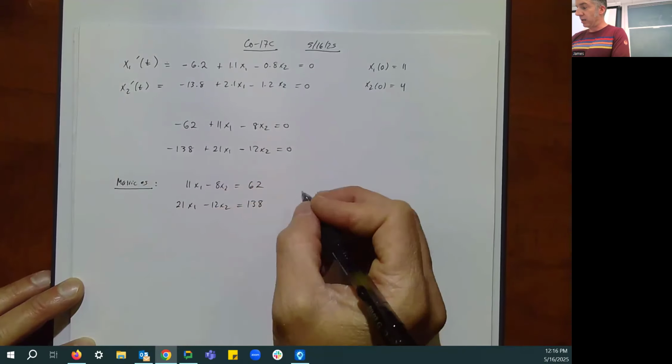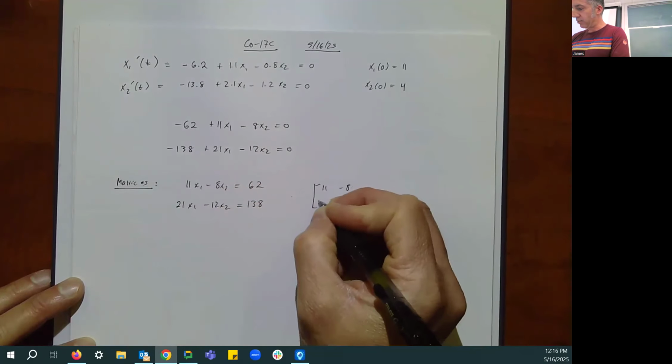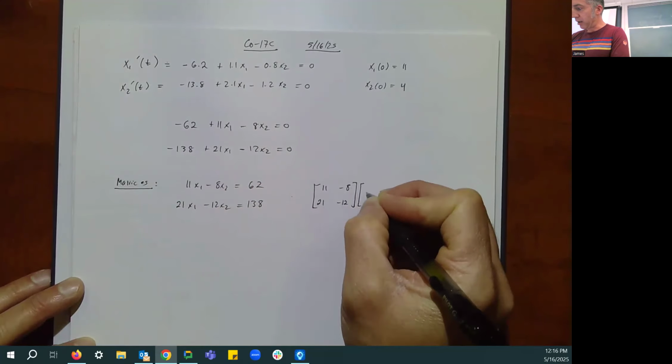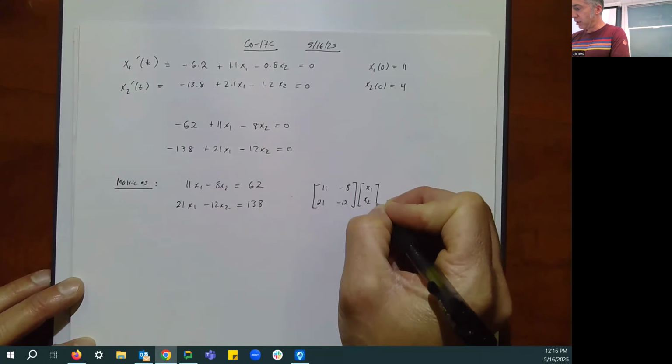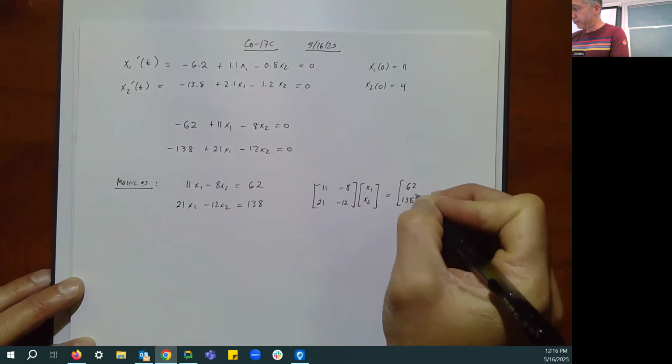Then we can rewrite this as a matrix equation: the matrix with rows 11, negative 8 and 21, negative 12, times the vector x1, x2, equals the vector 62, 138.